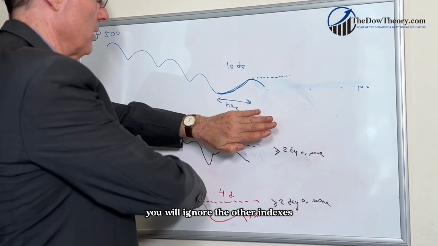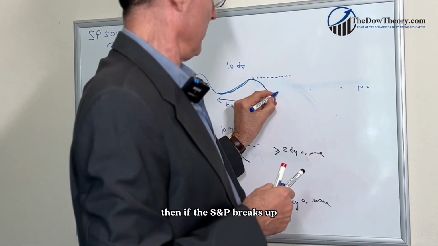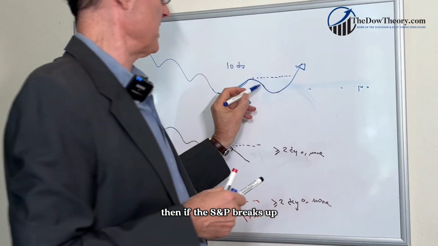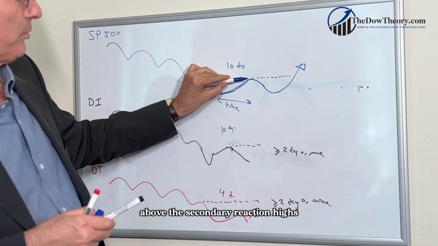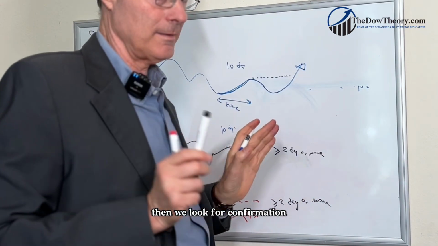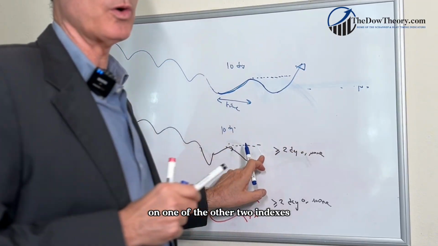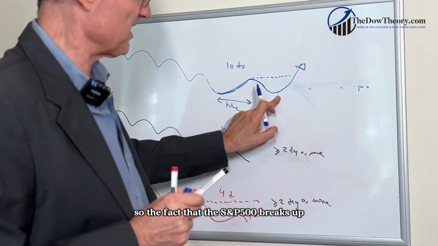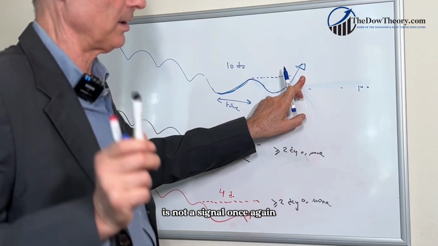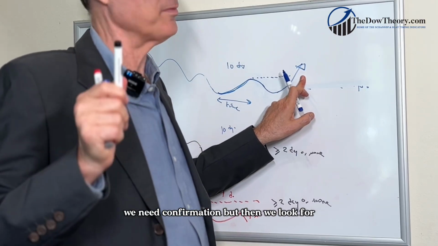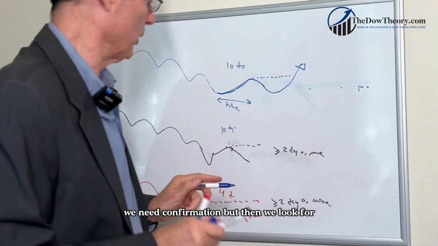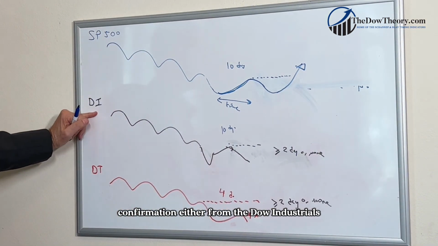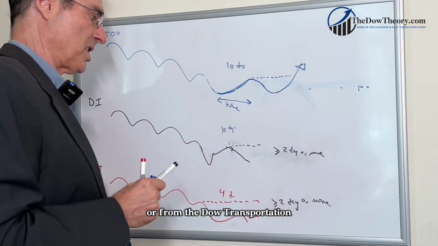You will ignore the other indexes. Then, if the S&P breaks up above the secondary reaction highs, we look for confirmation on one of the other two indexes. So the fact that the S&P 500 breaks up is not a signal. Once again, we need confirmation, either from the Dow Industrials or from the Dow Transportation.